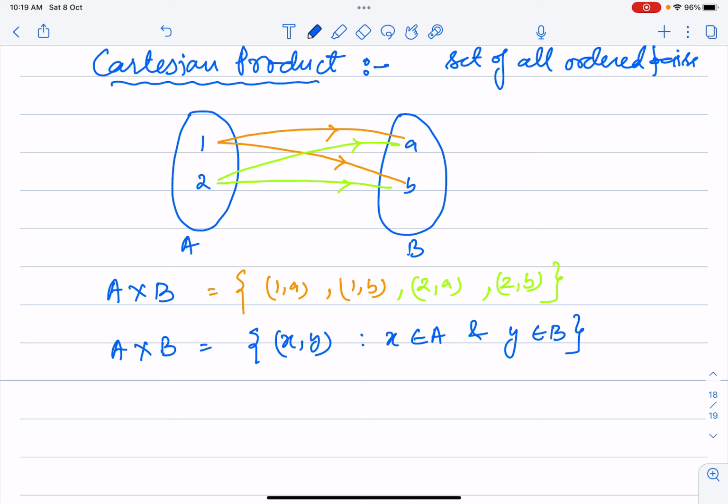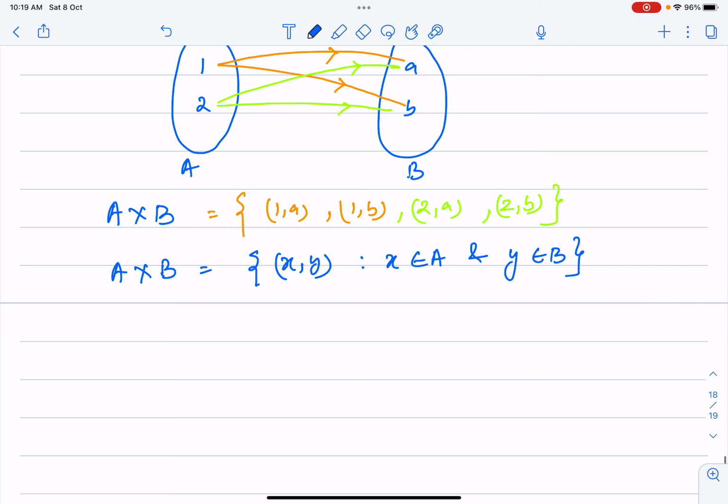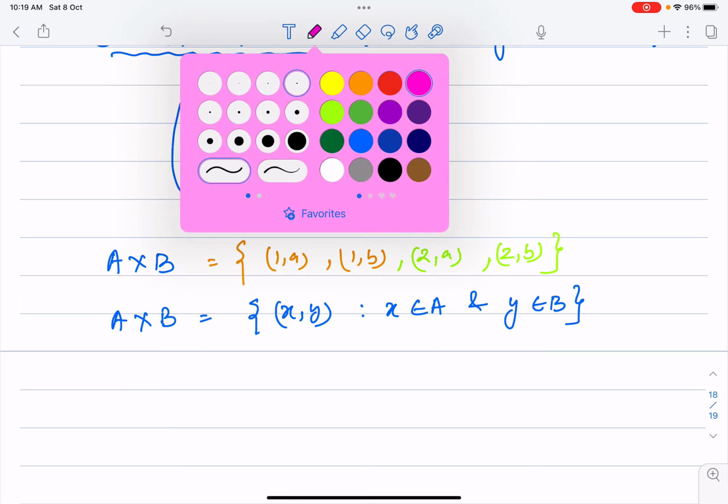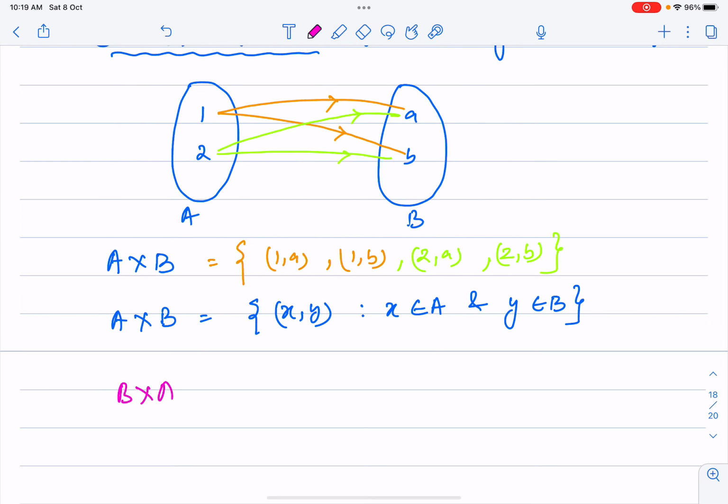So suppose again, on the above example, I want to write B cross A. Now B cross A means all the first elements should be from set B. So it is like this: a comma 1, a comma 2, b comma 1 and b comma 2.